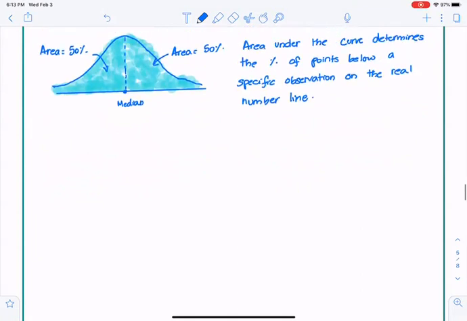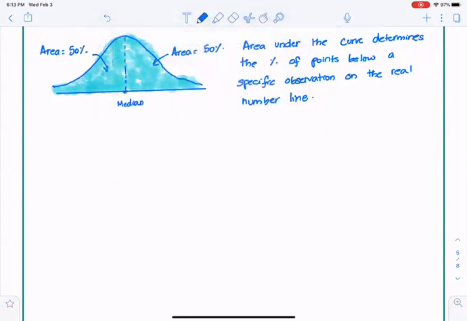From the looks of it, we can see that more observations are concentrated right in the middle. And as we go farther and farther away, the observations kind of thin out or dwindle.